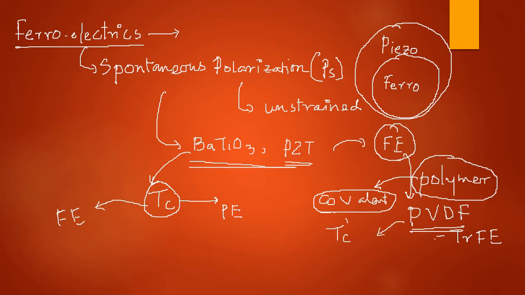Below Tc it has a polar phase of the polymer, which is the beta phase, and above Tc it is a paraelectric phase, which is called the alpha phase.